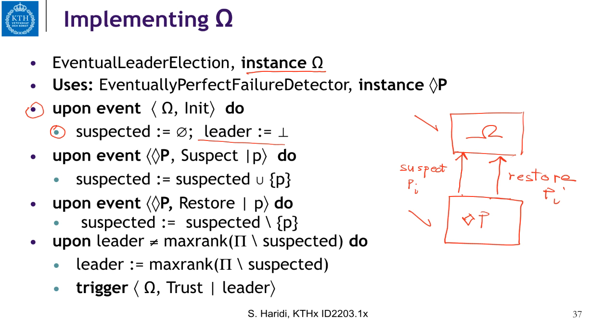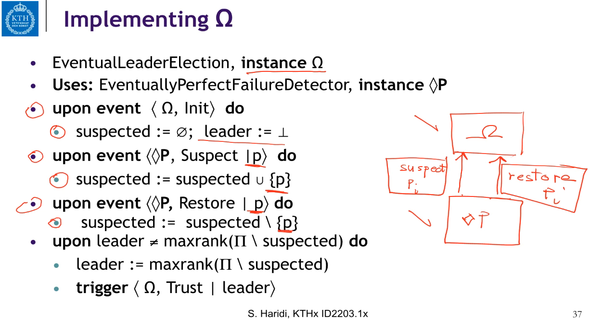And whenever we get a suspect event from diamond P for a process P, we add the process P into the suspected list. And whenever we get a restore event from diamond P, we remove the process P from the suspected list.